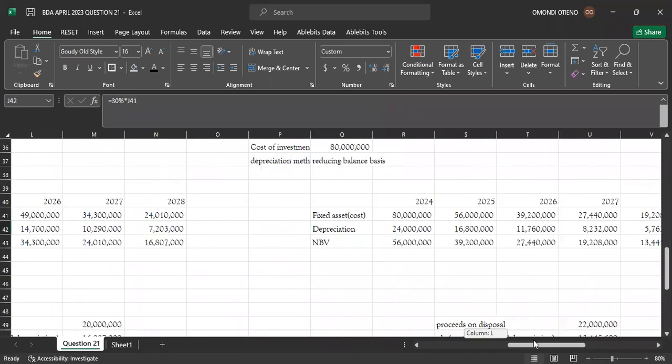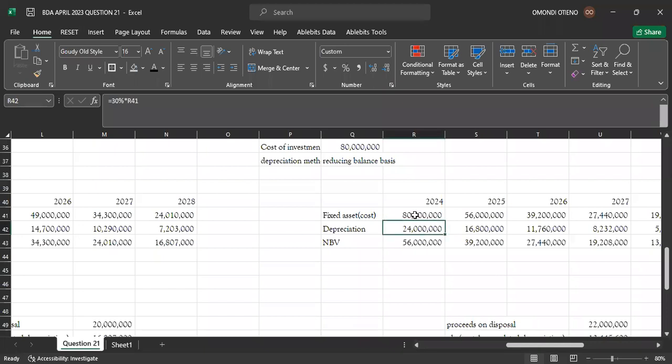If I come to this point here, 30% of 80 million is 24. So it is changing because these values here are changing, but not the rate. The rate is constant. So I believe that is clear.